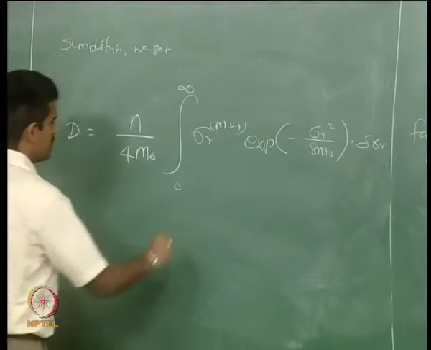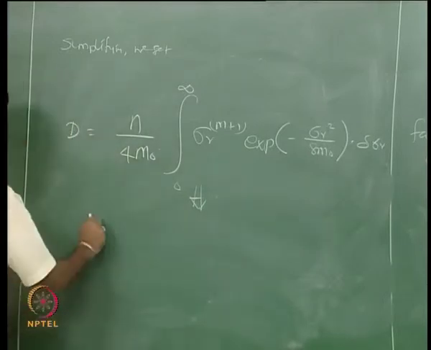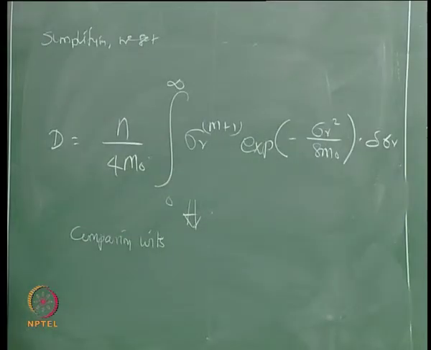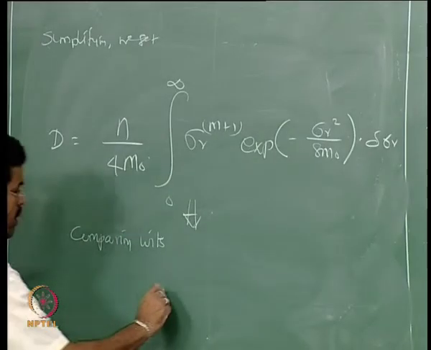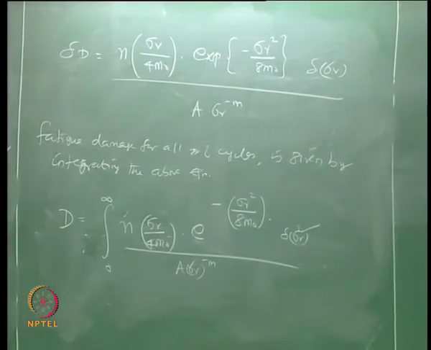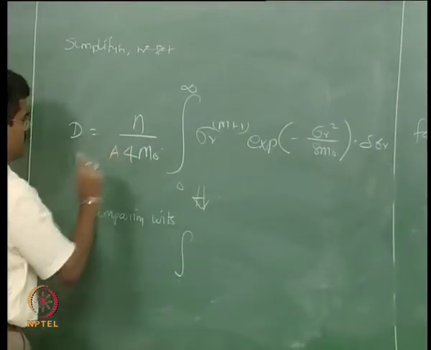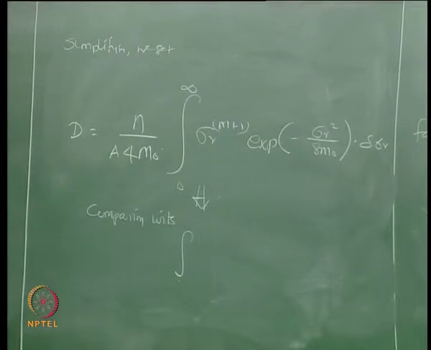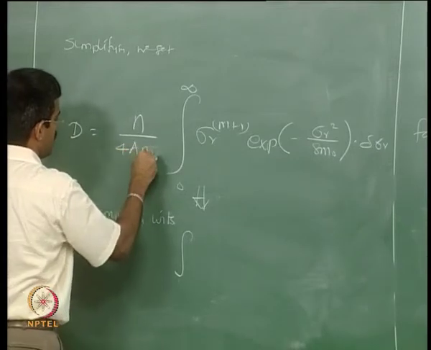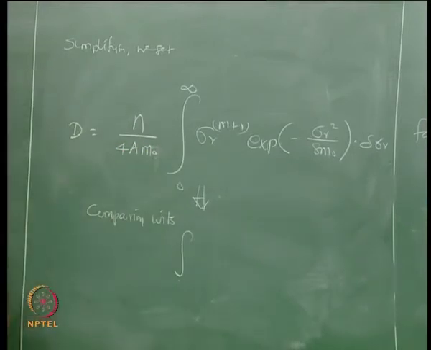Now let us compare this with the standard equation. Comparing with, 4 a m naught, sigma r to the power m plus 1, exponential of minus sigma r square by 8 m naught.